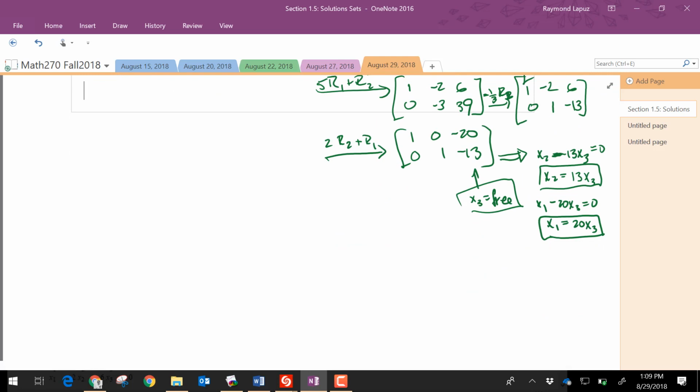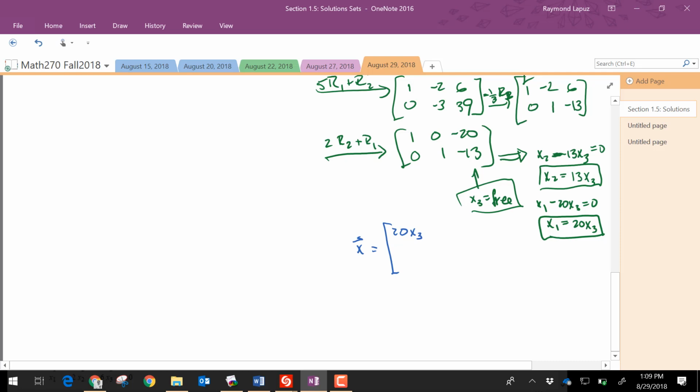So what we have here, and we know vectors already, right? We're all experts with vectors already. So we can write our solutions as a vector x. So our x1 will have 20 times x3.